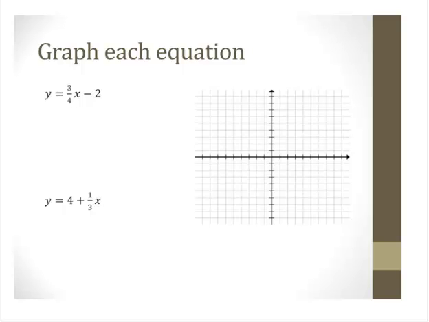Here we're asked to graph equations. We have the equation y equals 3/4 x minus 2 and y equals 4 plus 1/3 x. I'll work in blue for the first equation. And let's again assume just a standard scale on the axes. y equals 3/4 x minus 2 is in slope-intercept form.